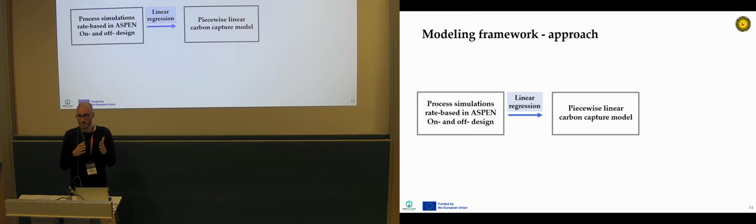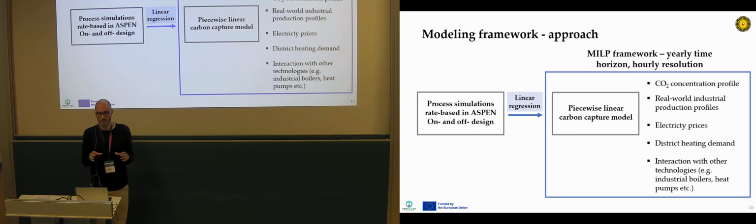Once we conducted these multiple simulations, we have a sort of performance space, a series of data. We can linearize this space through some linear regressions, and we obtain a piecewise linear model for the capture unit.